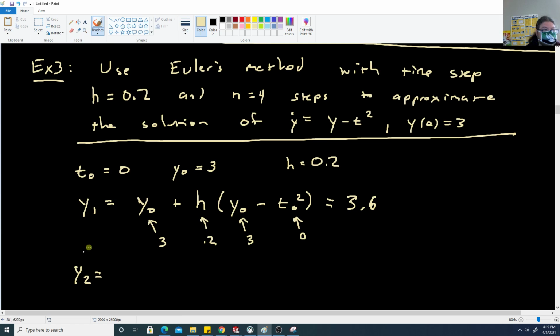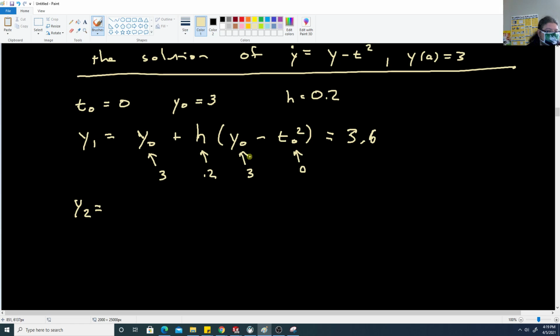We're going to go all the way up to y4 because we're doing 4 steps. So y2 will be the y1 value plus the time step times the y1 value minus the t1 value squared. So y1 is 3.6. Our time step in this case is still 0.2.